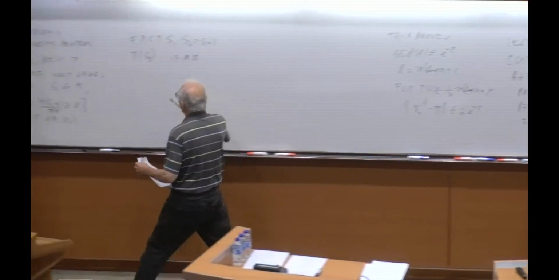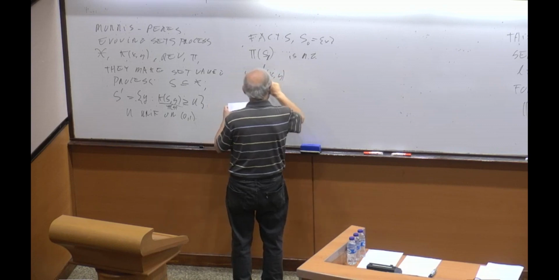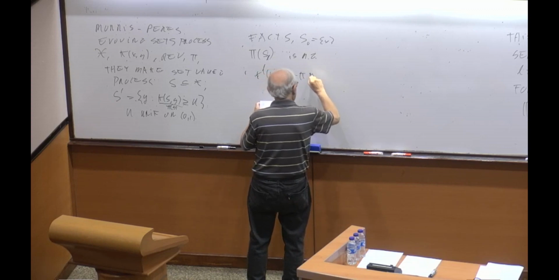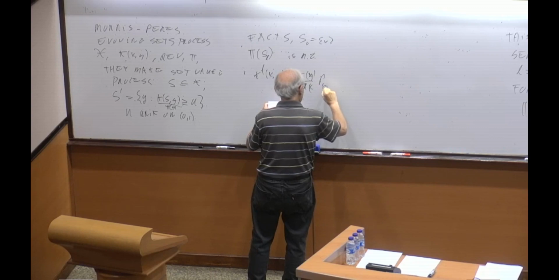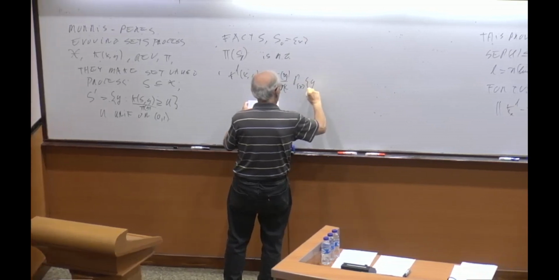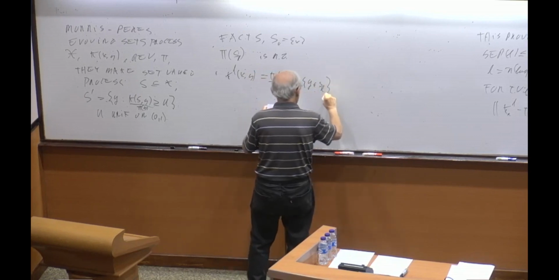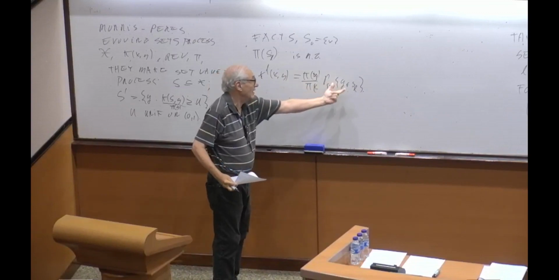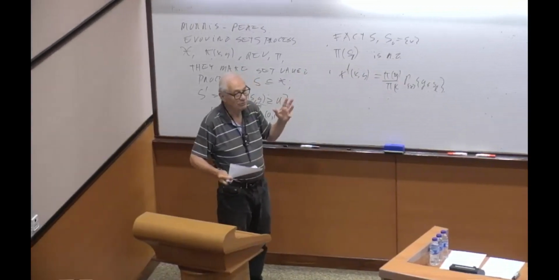For example, and these are all elementary, the chance of going in the original chain from x to y in L steps is equal to pi of y over pi of x times the chance that the set-valued process started at x covers y at time L. So you say, oh, it's connected.